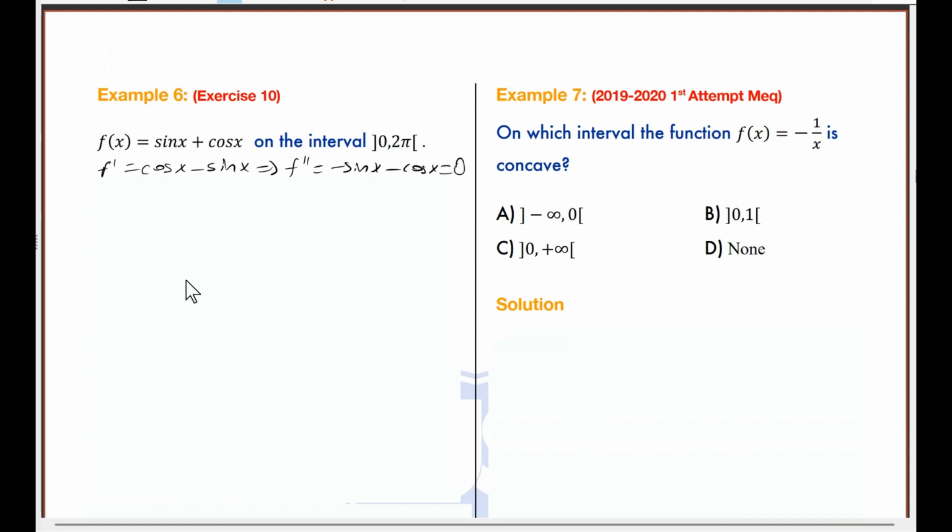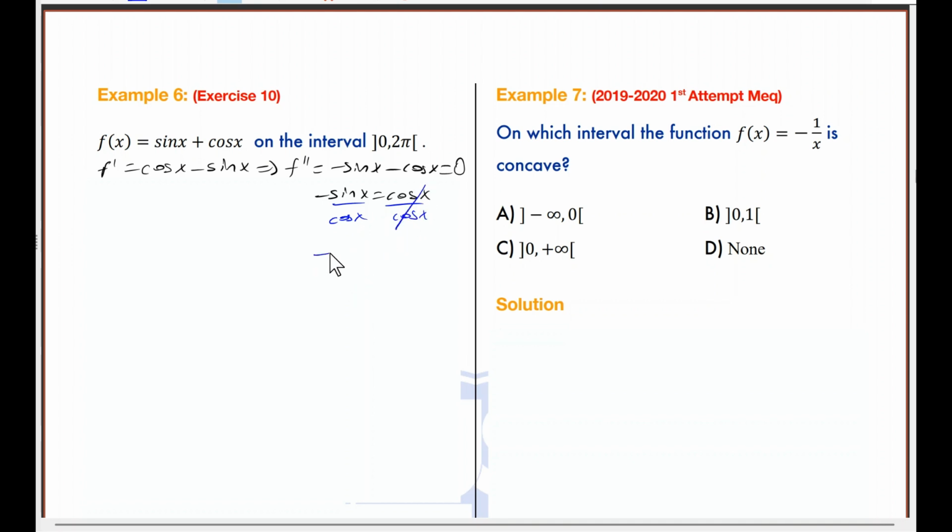Now remember how to solve these types of questions in the first derivative test. We moved one of the functions to the other side. Negative sine x is equal to cosine x. Since we get two different trigonometric functions, to get a single one we divide both sides by cosine to make it tangent.